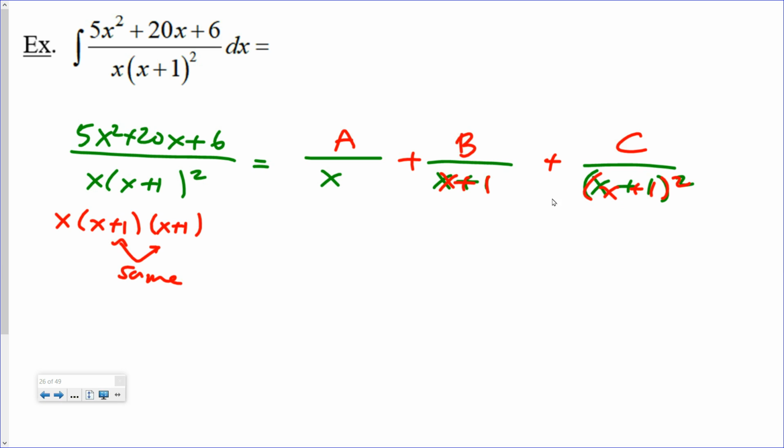Now, I got to tell you, if you're confused by this and you call this Cx plus D, you will be fine, because what will happen is you're going to get this value to turn out to be 0, and this value will be some number. Does that make sense? When you do the equation thing, you'll get the same thing. You'll just have made your life a little harder, okay? But you'll get the same answer if you don't remember this, okay? So that is what you do when you have repeating linear factors.